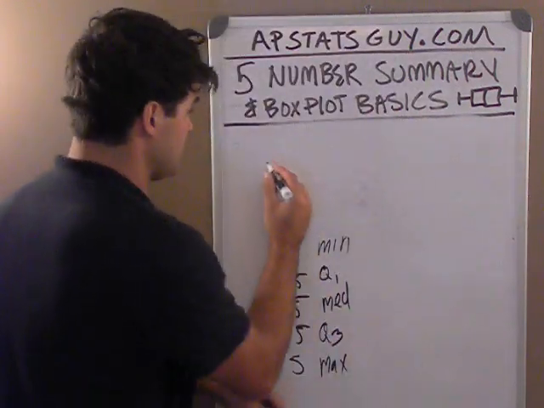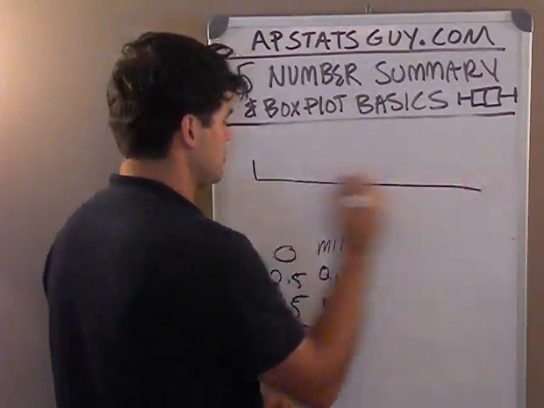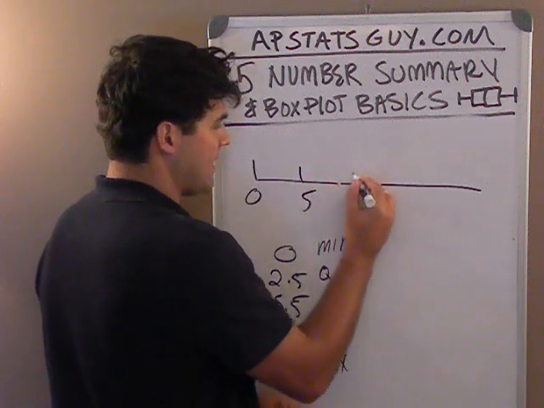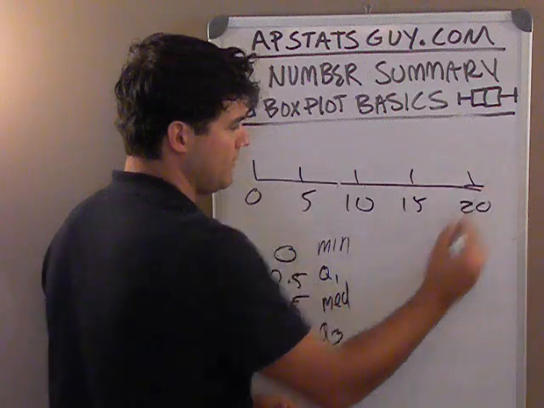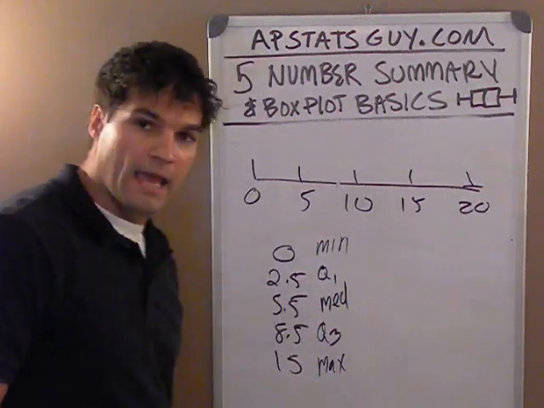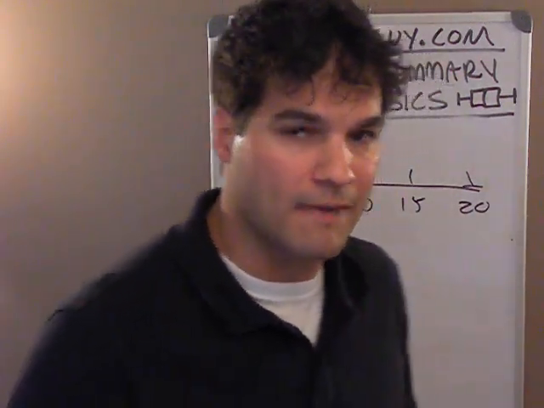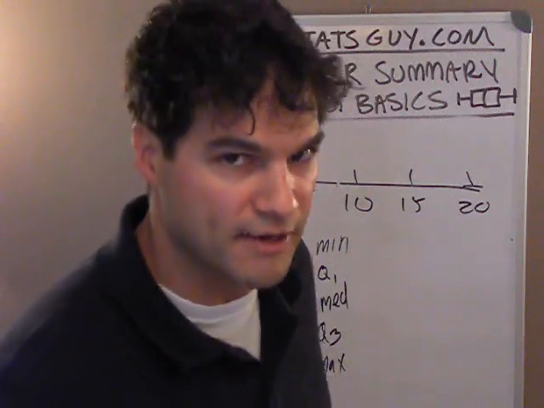So I'll do it just like this. I'll make a scale, just a regular old scale. Here's 0, 5, 10, 15, 20, okay? And now I'm going to make my box and whisker plot. This is high-tech stuff. Ready?